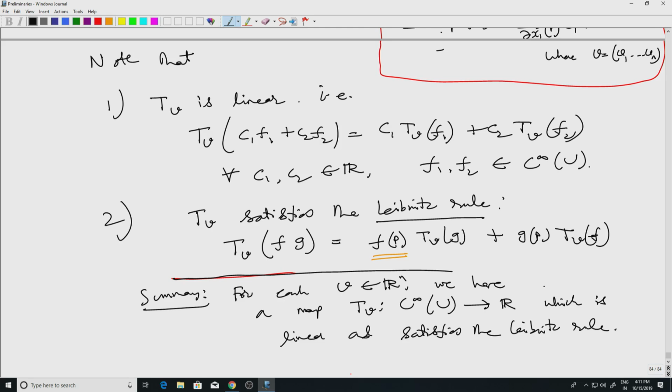So we say that such a map is called a derivation on C infinity U. So a linear map satisfying the Leibniz rule is called a derivation.